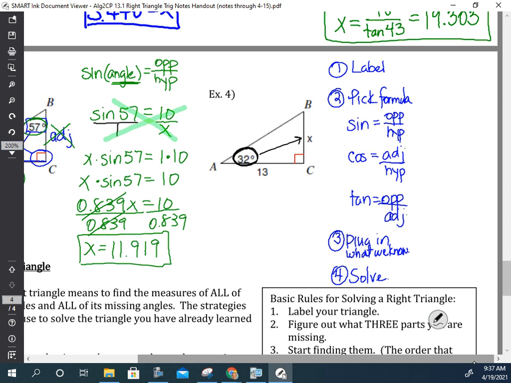So across from 32 is your opposite. Across from your right angle is your hypotenuse. So 13 has to be the adjacent. 13 is the adjacent. So you're taking care of the labeling.